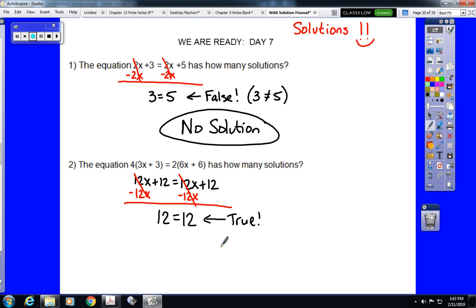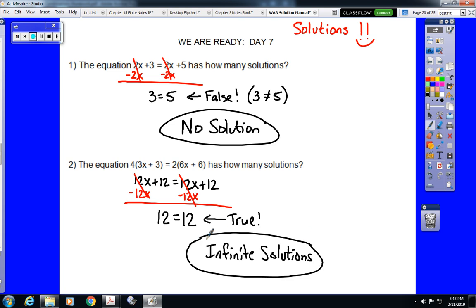If that's true, then that implies that any number could be x, meaning that there are infinite solutions. So in the case that you're solving a linear equation and the variable drops out, look at what is left. If what's left is false, there is no solution. If what's left is true, then there are infinite solutions.